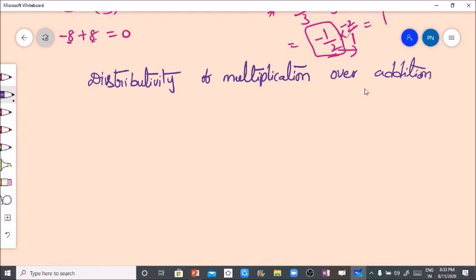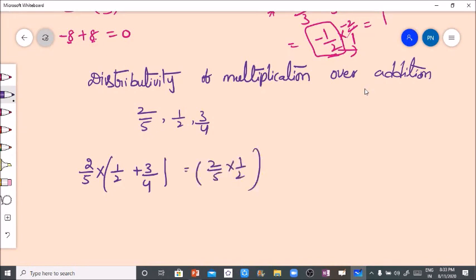I take 3 rational numbers, 2 by 5, 1 by 2 and 3 by 4. I'm going to check 2 by 5 into 1 by 2 plus 3 by 4. Is it equal to 2 by 5 into 1 by 2 plus 2 by 5 into 3 by 4? Is it equal or not? Is it right or not? We have to check.